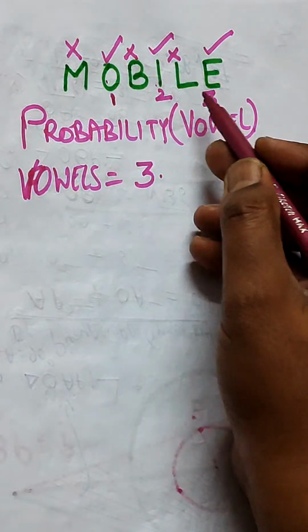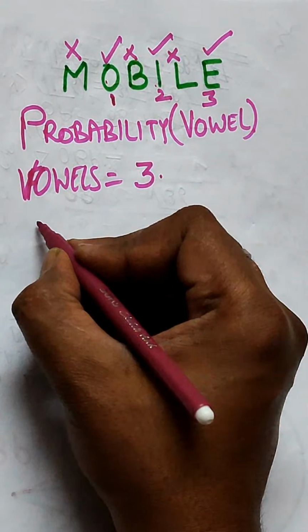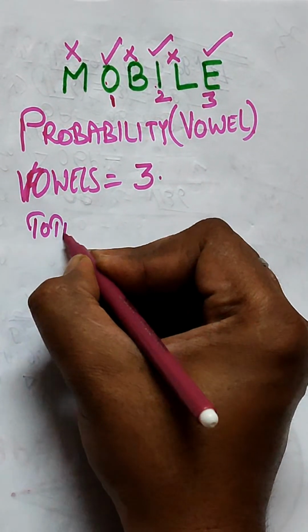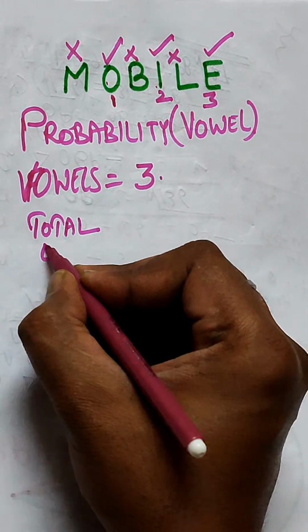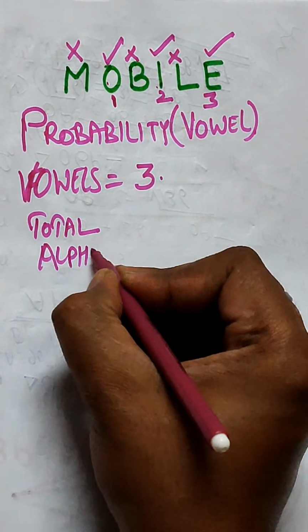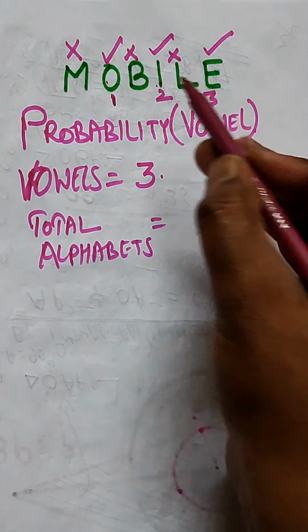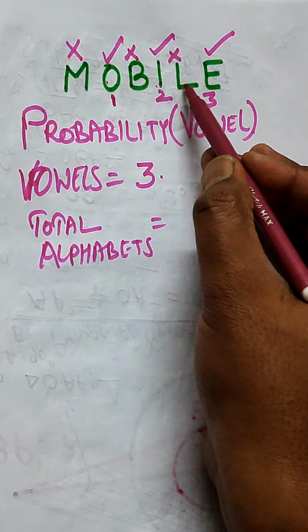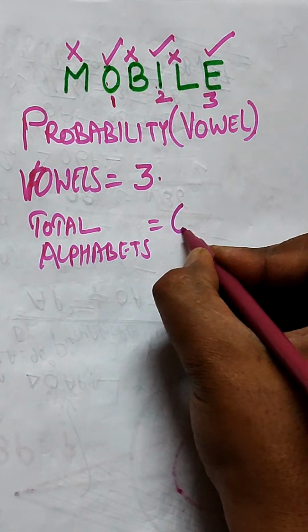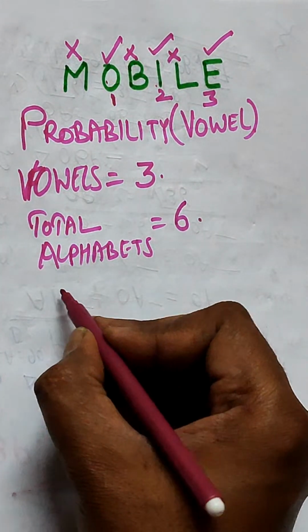Vowels are 3 in the word MOBILE, and the total alphabets are how many? 1, 2, 3, 4, 5, 6 equal to 6, right?